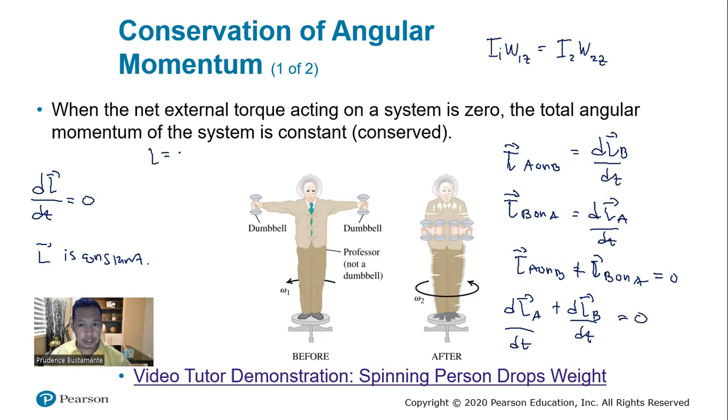If L is equal to L_A plus L_B, then if the net external torque is 0, the angular momentum is conserved or constant, meaning your initial angular momentum is equal to the final angular momentum.